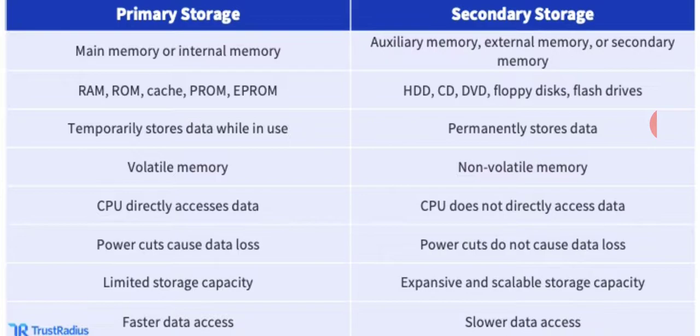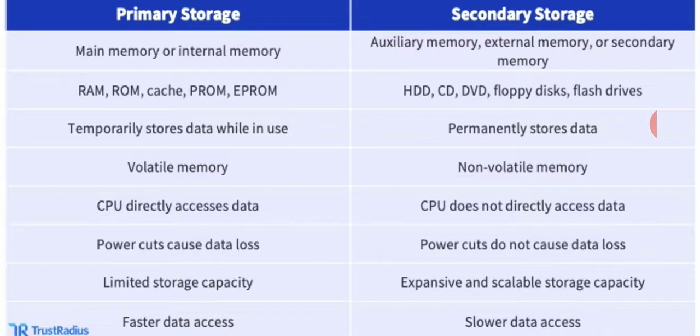What does the primary storage do? It stores the data only while the computer's power is turned on, whereas the secondary memory is capable of storing data permanently. Thus, the primary memory is called a volatile memory, whereas the secondary memory is called the non-volatile memory of the computer. As I asked you, why do we need the secondary memory?